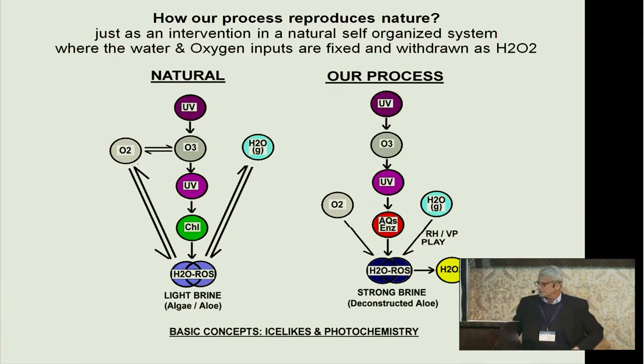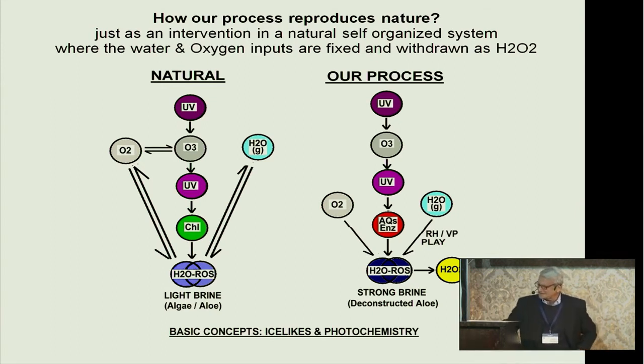So we go to the causes, which is the intervention of UV with water in the natural system with chlorophyll, and so you get the UV, and then you have the shifting between O2 and O3, ozone. Then you get the chlorophyll, and it is a system of water plus reactive oxygen species, and it goes up and down, up and down.